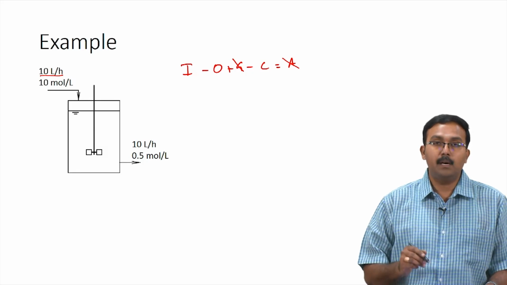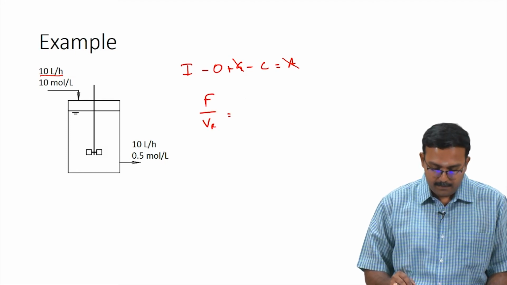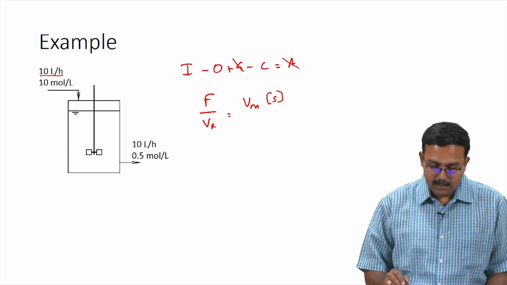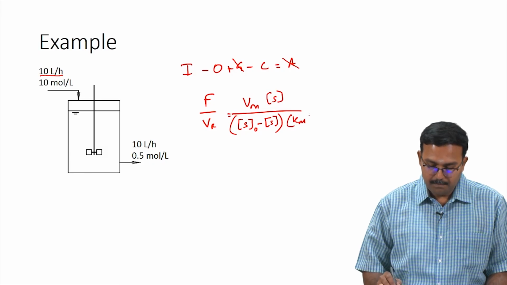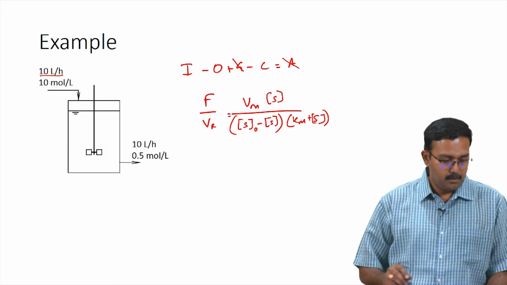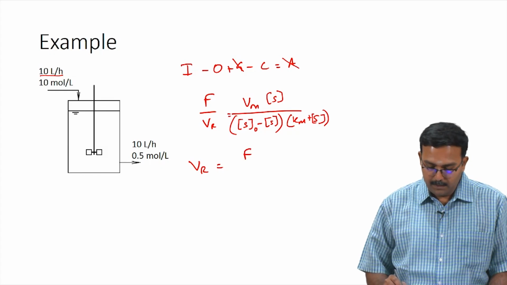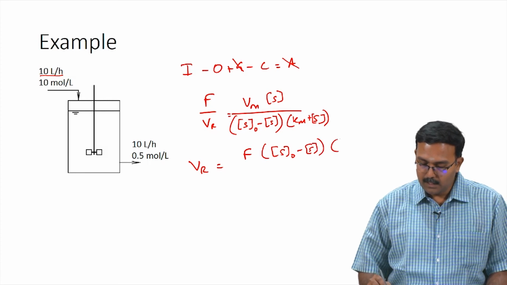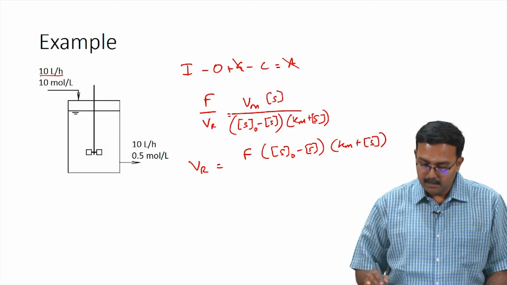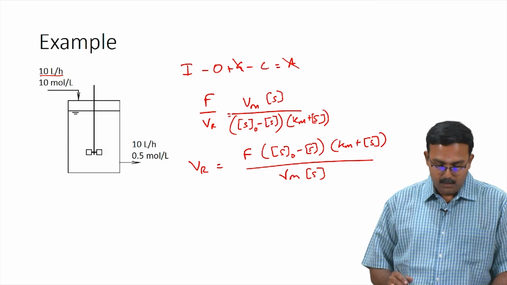So, this equation will come down to the same equation which we derived, thereby we will get F by Vr as Vm times S divided by S0 minus S, times Km plus S. So, now that we have this equation, we have to calculate Vr. So, Vr, or the volume of the reactor, would be F times S0 minus S times Km plus S divided by Vm times S.